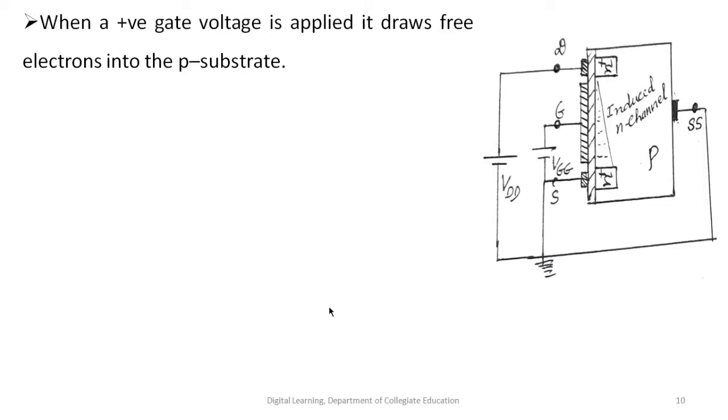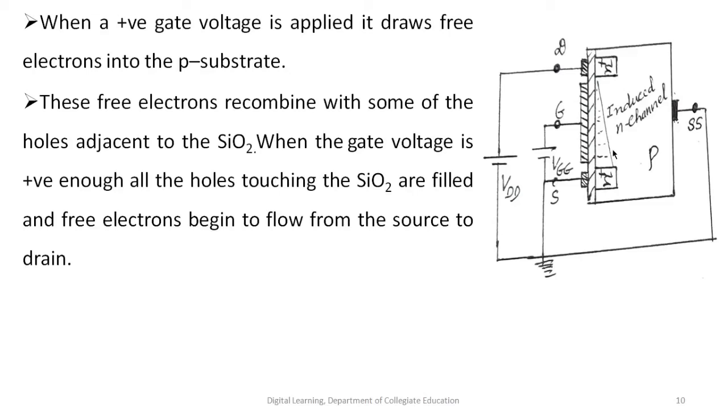When a positive gate voltage is applied, it draws free electrons into the P substrate. Whenever we apply a positive voltage to the gate terminal, it draws free electrons into the P substrate. These free electrons recombine with the holes adjacent to the silicon dioxide.